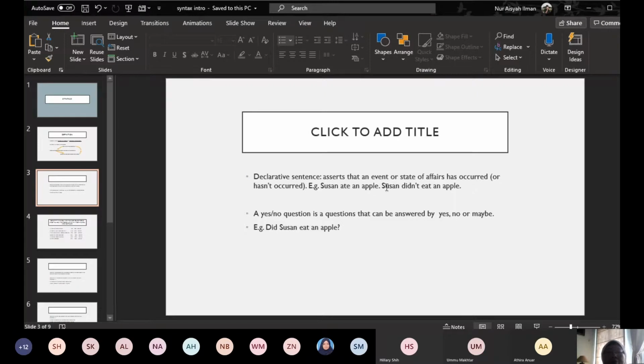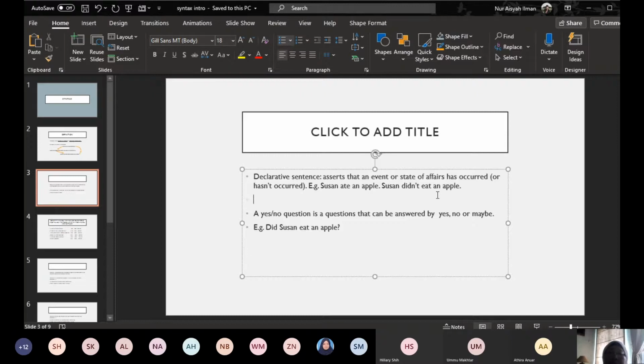All right. But you can also talk about an event which did not occur. So you could say Susan didn't eat an apple. It is an event because there is the actor, and then there is the object, and then there is a predicate which actually connects them.